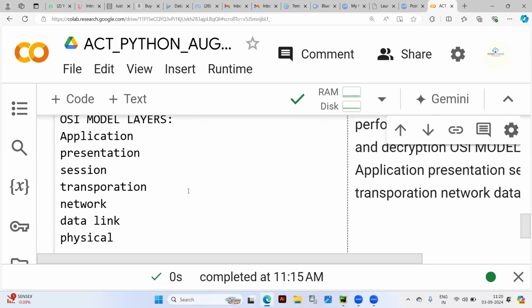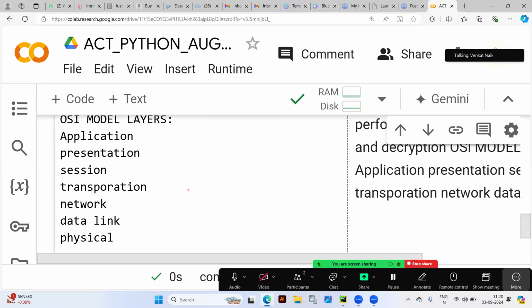Wherever we install the network drivers into the computer or anywhere else, by default these logical programs will be made available in every mobile and computer. Clear? Okay.